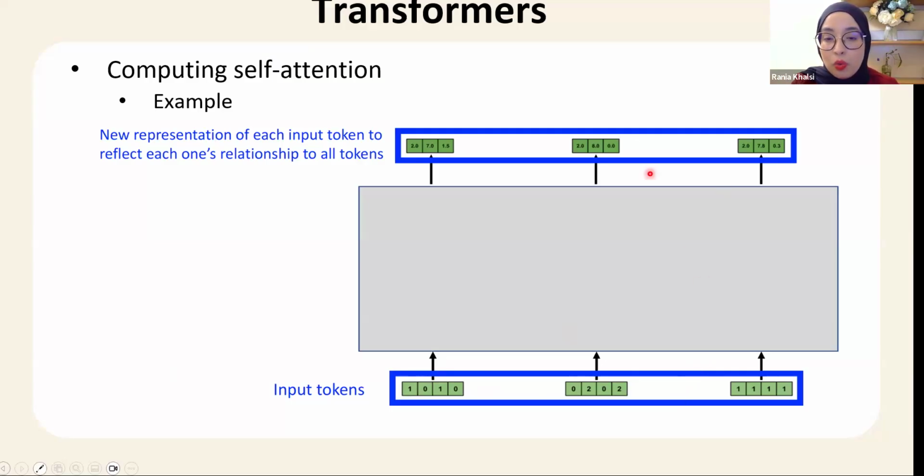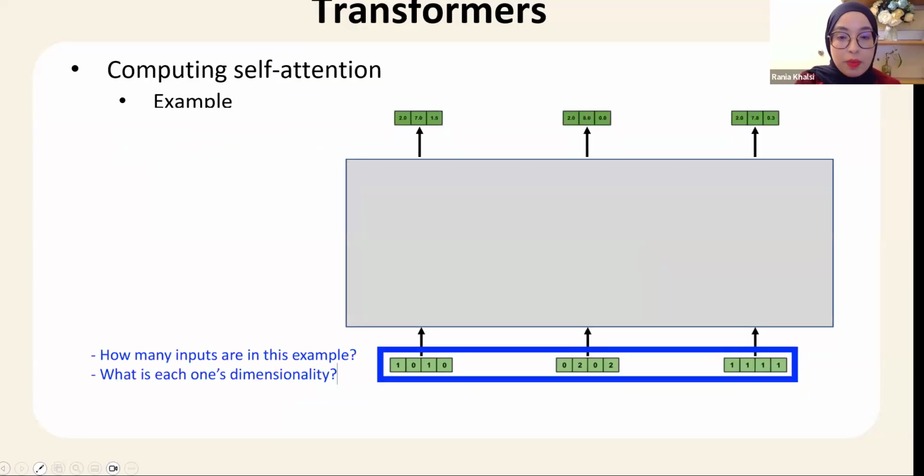Since now we are using the self-attention mechanism, every token must reflect its connection to all remaining tokens in the sequence. And so this is the key difference.